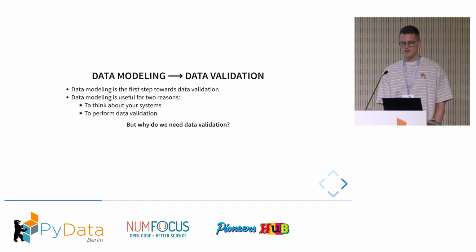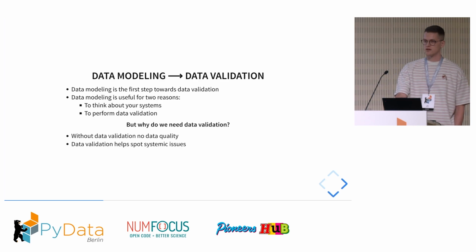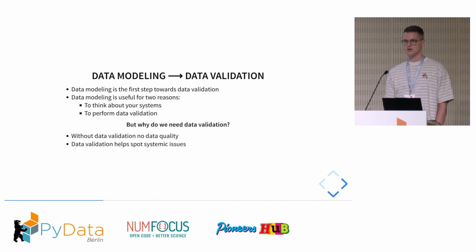But why do we need data validation? We want to ensure that our data has some quality. We don't want to ingest data that is not matching our standards, at least not in the same place that we put all the other data that we consider to be good or valid. So what I would usually do is split the stream already into good and bad data, if you want.